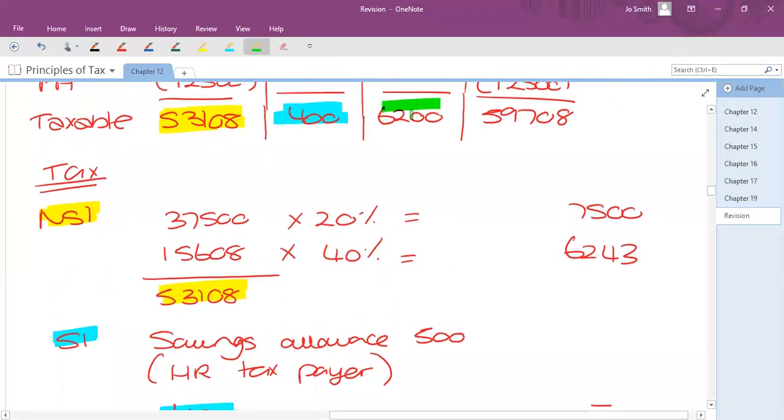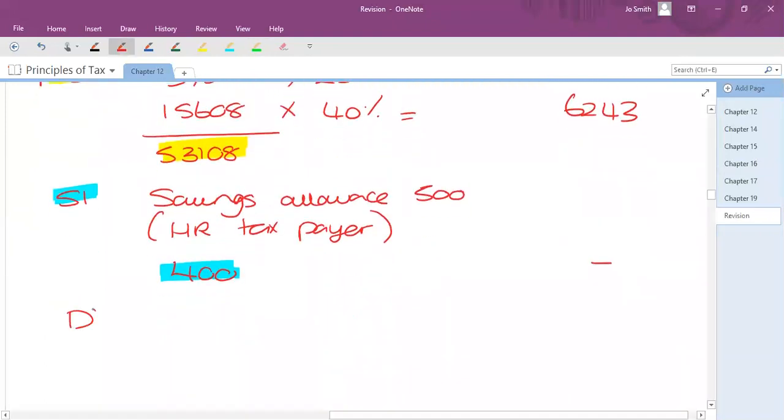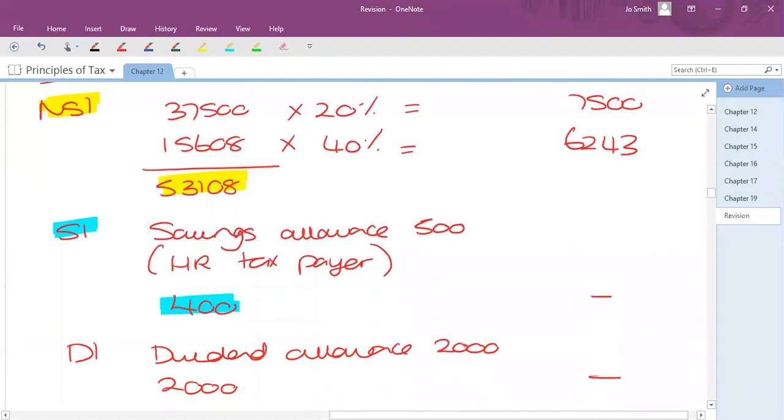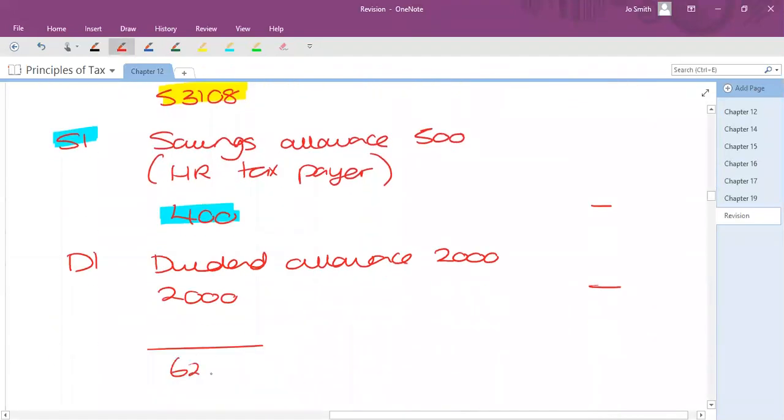And the final one we've got then is this dividend income. For dividend income, we get that dividend allowance of 2,000, and everybody gets that regardless of what their level of income is. So 2,000 will have no tax to pay, and the rest of the dividends, so we've got 6,200 altogether, the rest of it will be taxed at 32.5%.